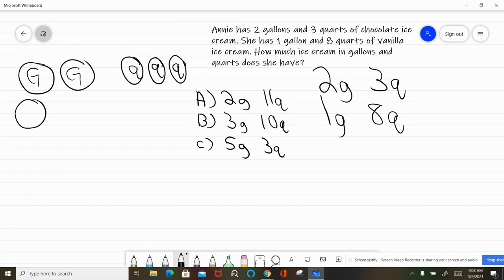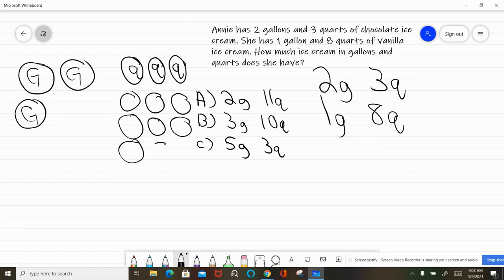So I'm going to draw 1 gallon and then 8 quarts. 1, 2, 3, 4, 5, 6, 7, 8. 8 quarts of vanilla. We want to find out how much ice cream she has in total. Since we basically added them, that's 3 gallons and 1, 2, 3, 4, 5, 6, 7, 8, 9, 10, 11 quarts.